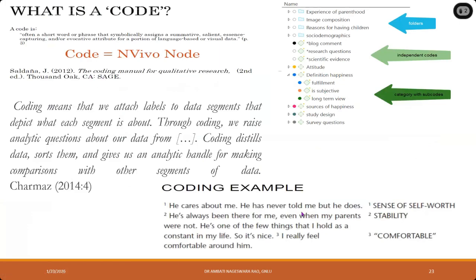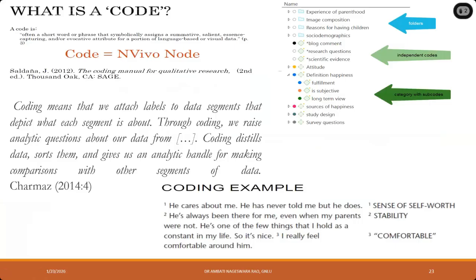Let's take one more example from Saldana. He cares about me. He has never told me, but he does. After reading this particular sentence, this scholar comes up with the code sense of self-worth. I'm repeating again. It is not guaranteed that every scholar will come up with the same code.